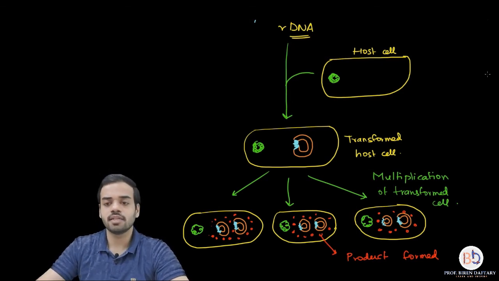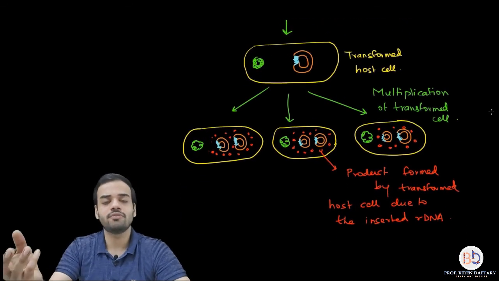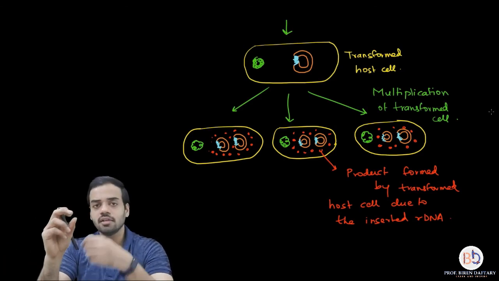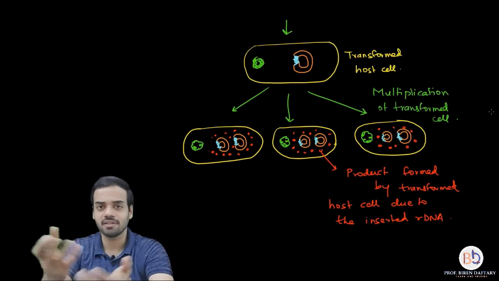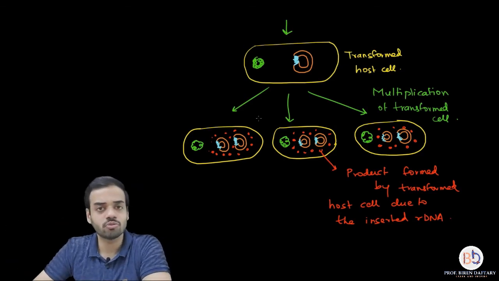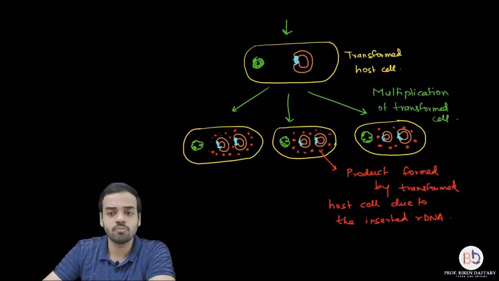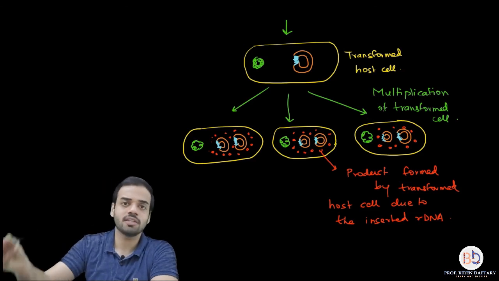Okay, then next step is obviously selection of transformed cells, that you know. If you are using PstI, then you add tetracycline. If you are using any other restriction enzyme which is in the tetracycline resistant gene, then you use ampicillin. I've told you that. So you use the suitable antibiotic and you select all the transformed host cells, then you multiply the selected transformed host cells by putting them in another plate, growing them.